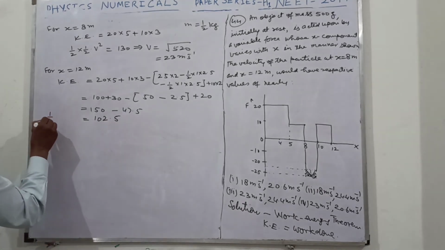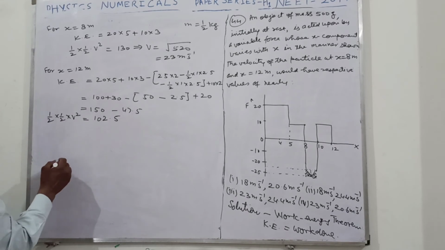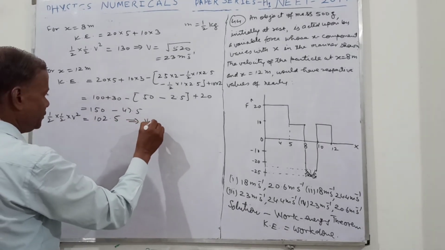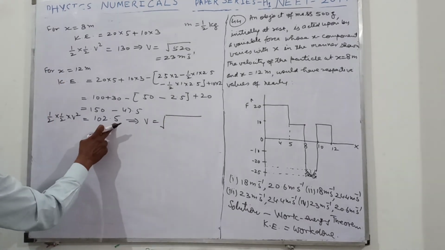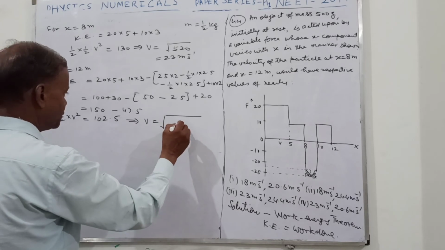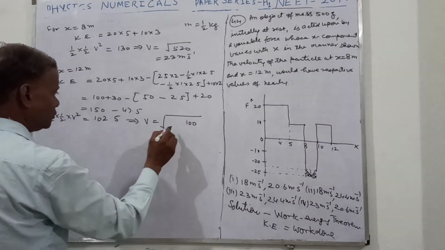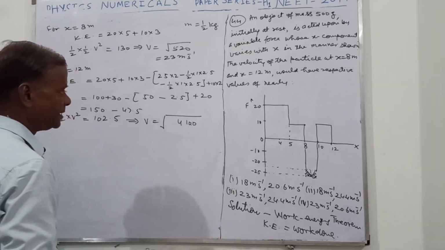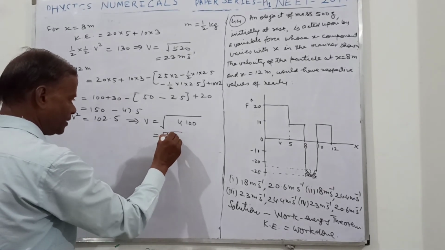And this is again half mv square. M and this is now your v square. So what we find that this v equal to square root of this is now 4, so this is your 100 and this is now your 4 and after 1 to 410. So this is square root of 410.